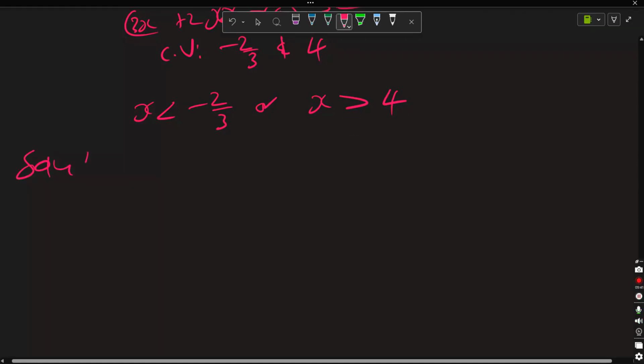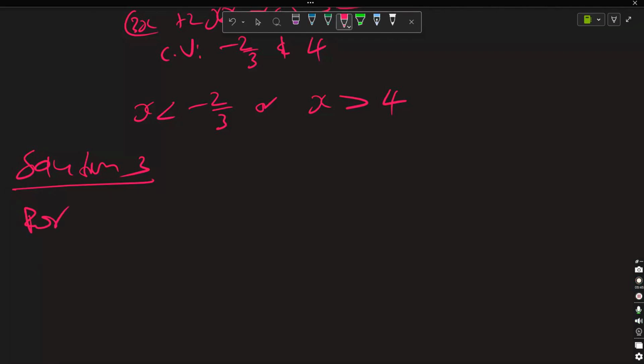Solution 3. Number 3 says, for which values of x is the graph decreasing? For a decreasing function, the first derivative is less than 0.